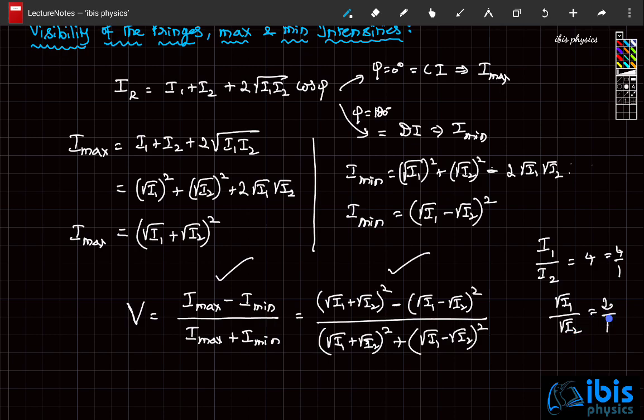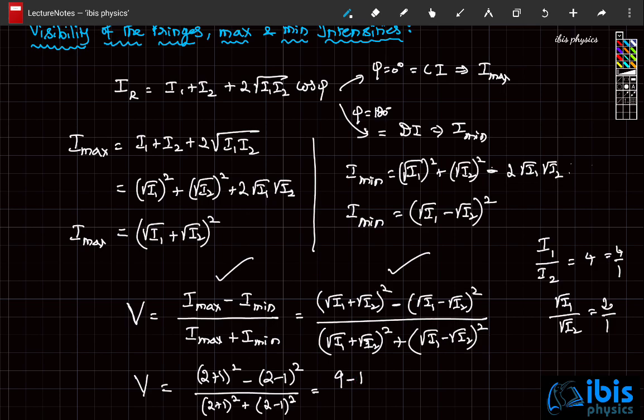So that means root I1 by root I2 is 2. So the visibility of the fringes will be root I1 plus root I2, so it is 2 plus 1 the whole square minus 2 minus 1 the whole square, or 1 minus 2, it also doesn't matter, divided by 2 plus 1 the whole square plus 2 minus 1 the whole square.